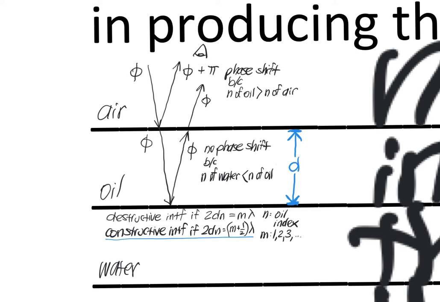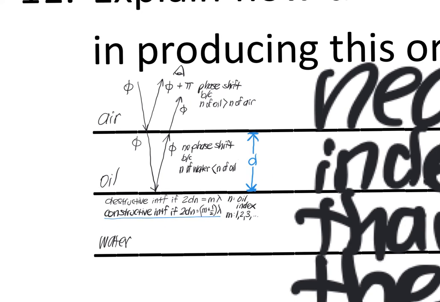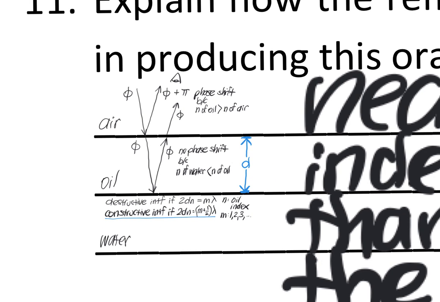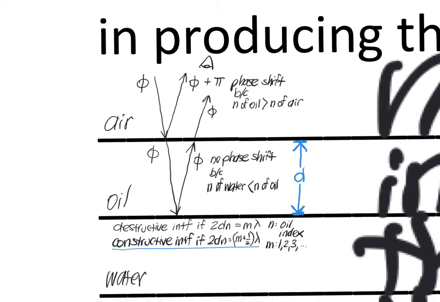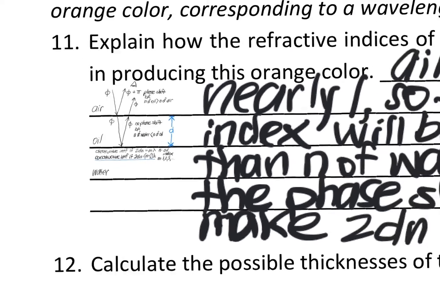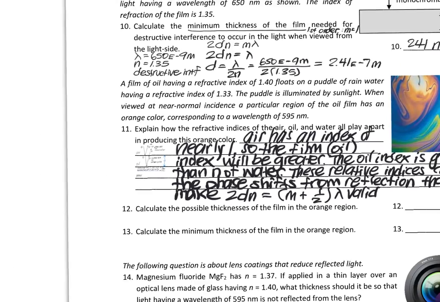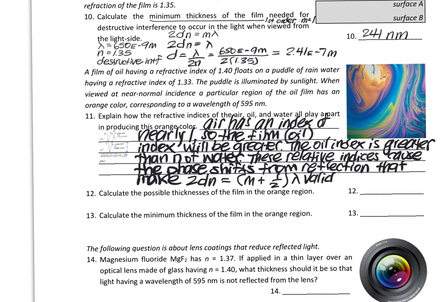And that makes that formula valid, that for constructive interference, 2dn equals m plus 1/2 lambda. If they want more in depth, we would have to include this diagram of the phase shifts, etc. But I think that satisfies the answer.